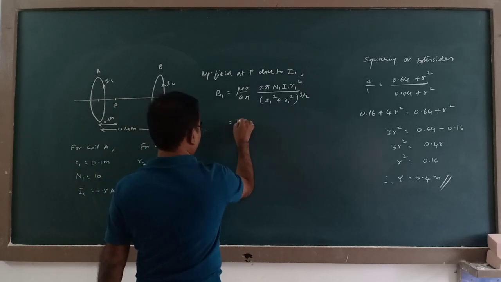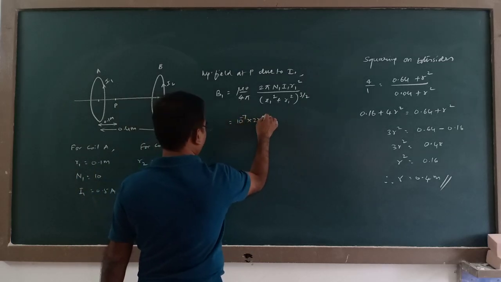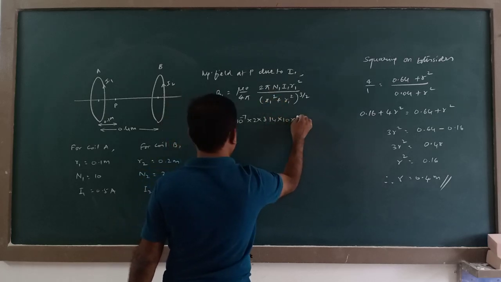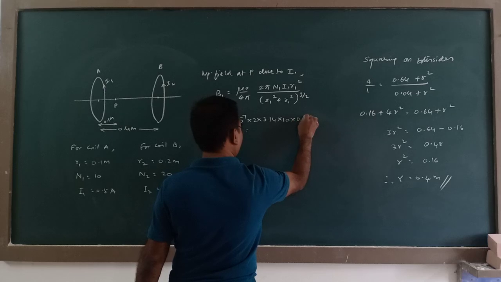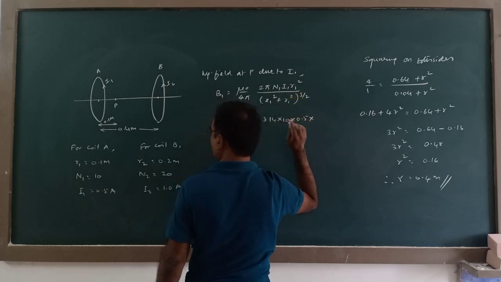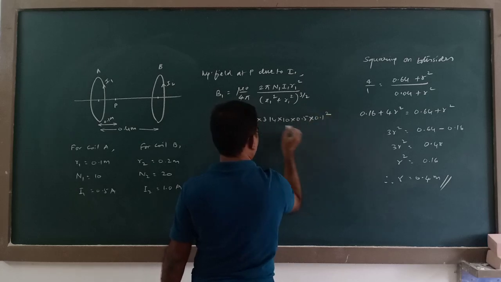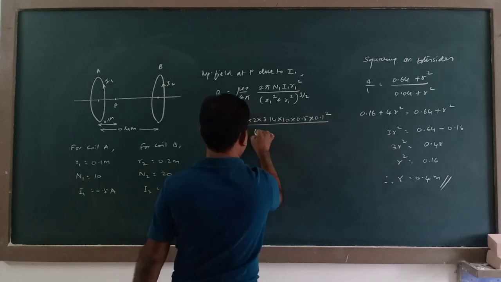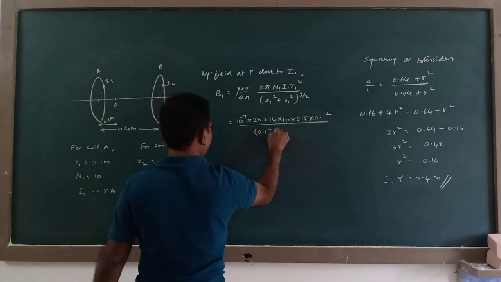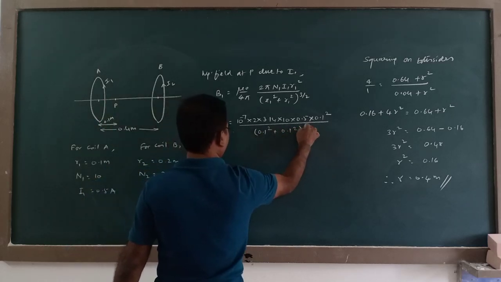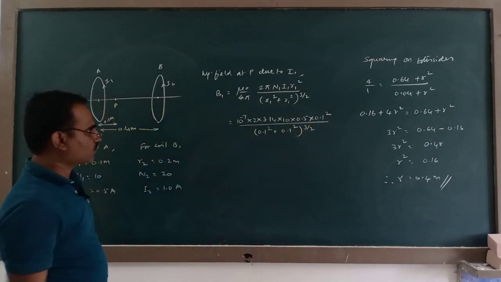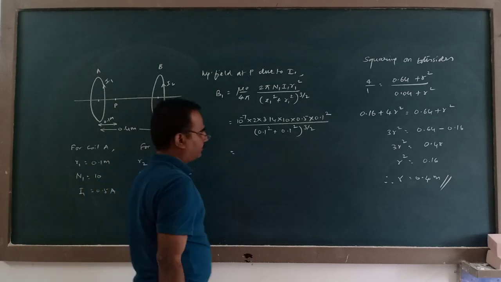This is 10 to the power of minus 7 into 2 into 3.14, N1 is 10, I1 is 0.5 and R1 is 0.1 square, divided by x1 from here to here it is 0.1, so 0.1 square plus 0.1 square whole to the power of 3 by 2. x1 square plus r square, you find this B1.